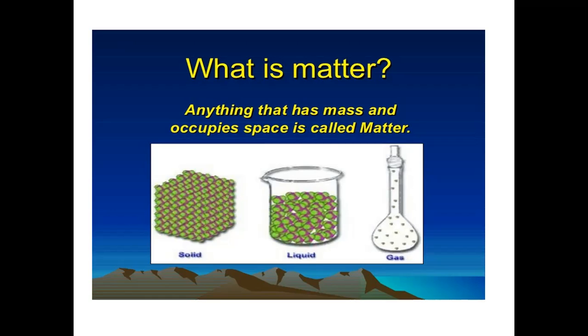As in these diagrams, students, you can see there are three types of substances taken, that is solid, liquid and gas. Now, all these substances are holding a particular space in order to settle them. So, in a complete sentence, we can again say that matter is anything that has mass and occupies space.